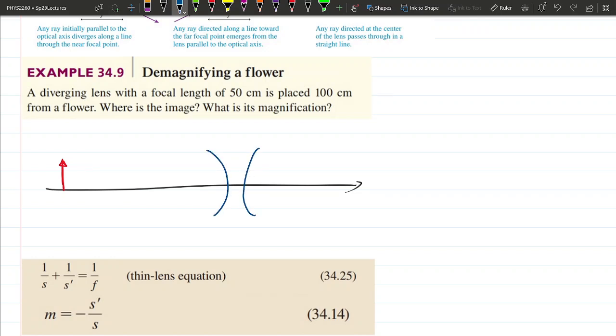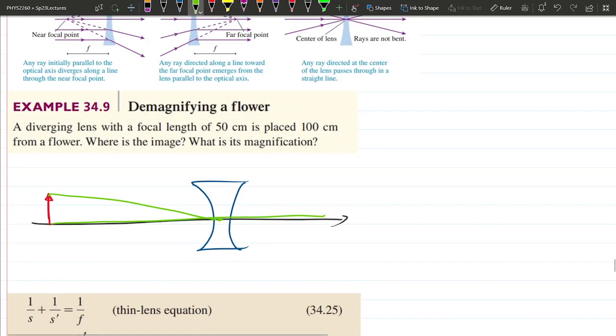The way you draw a diverging lens is you just make these inverted circles. Okay, and then we just do the trace of the rays. The first ray is always the boring one, just goes along the line. The second one goes into the center of the lens once again, and it does not get turned, so it actually does still pass through the bottom here.